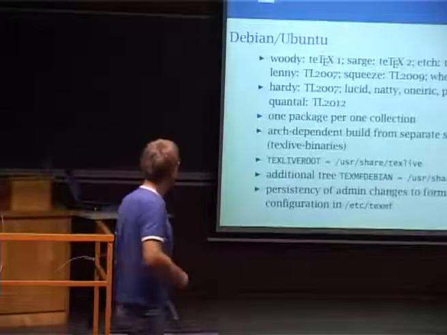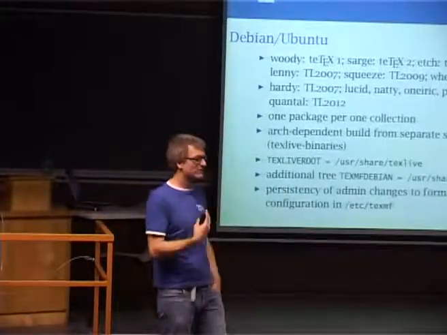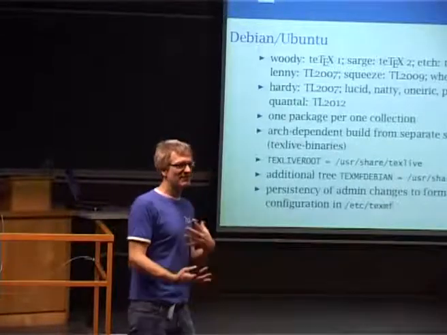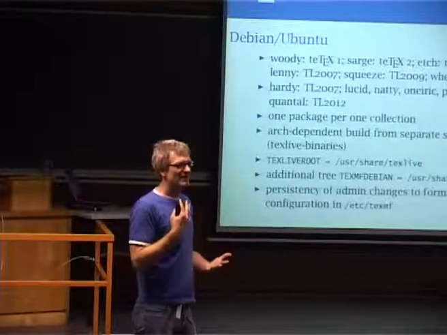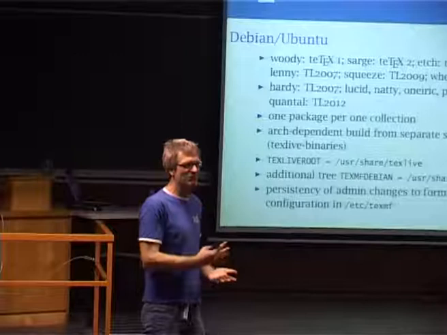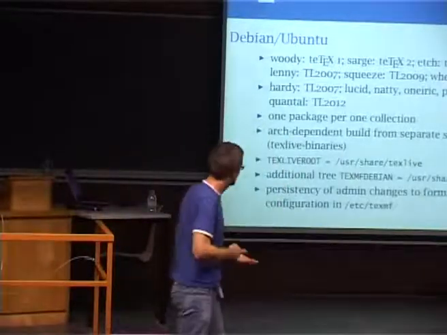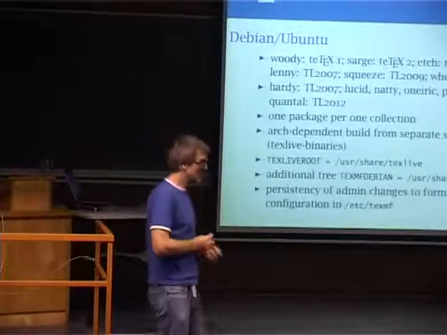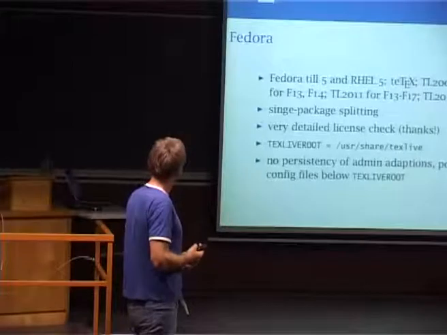That's a requirement in Debian, persistency of administrative changes. If someone changes some of the hyphenation patterns or the format definitions, removes the package and installs the package again, these changes have to be persistent. That is something particular to Debian. I don't know of any other distribution, Ubuntu aside, that has this. And that creates a lot of problems. Of course, it's not so easy.